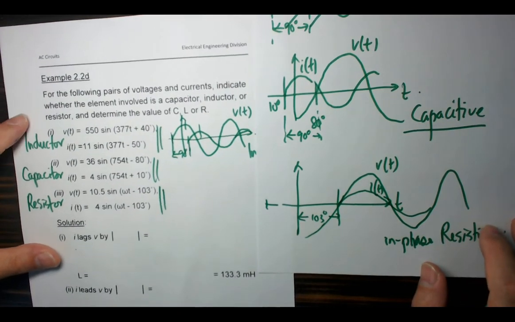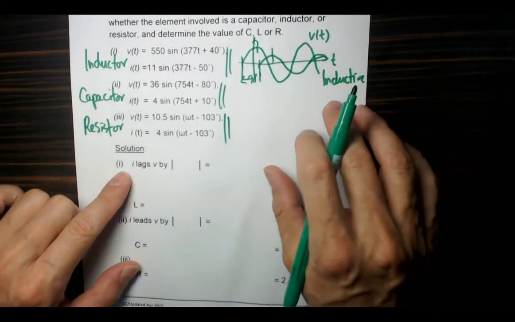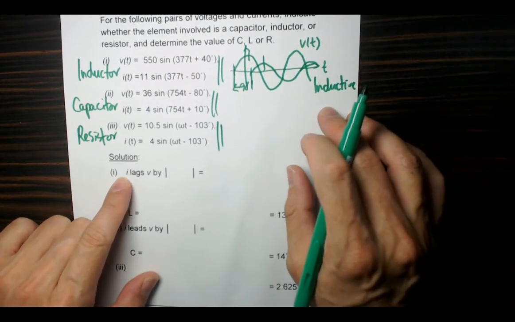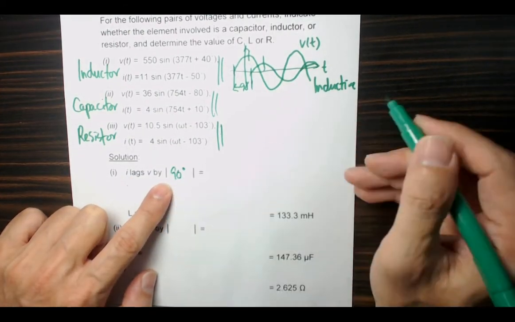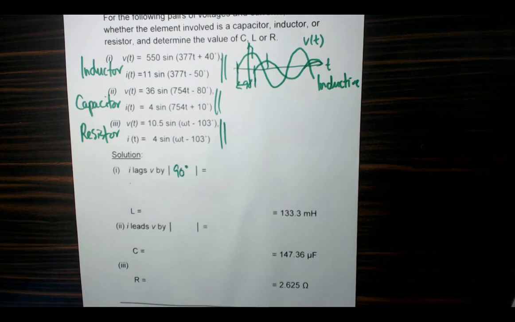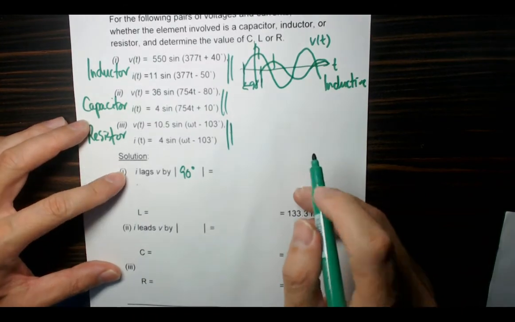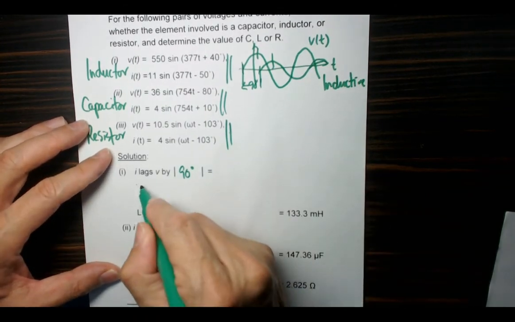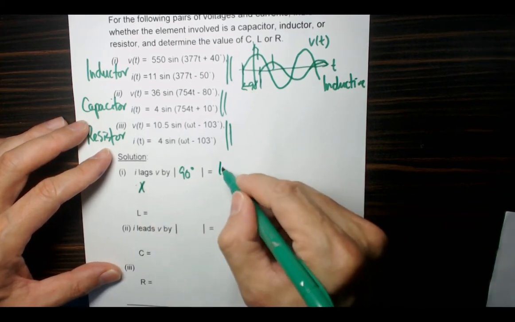Okay. So that's the first part of this question. Now the second part of this question, all I can summarize here is, first part, the current lags the voltage by 90 degrees. Okay. Lags by 90 degrees. And since it's lagged by 90 degrees, we can calculate XL. That means it's an inductor.